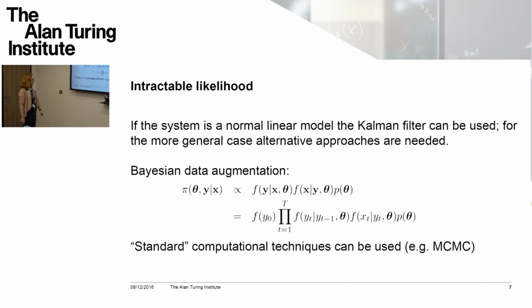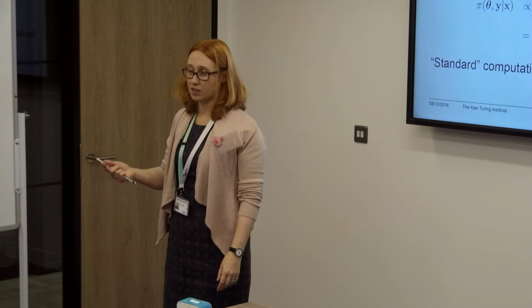So what do we do in that case? Well, in the special case that we have Gaussian linear observation and system processes, we can use the Kalman filter. However, that's not often the case, so we can't use that approach, so we still have this integral we have to deal with. So my background was using Bayesian data augmentation. What we do here is we treat the true underlying states to be parameters.